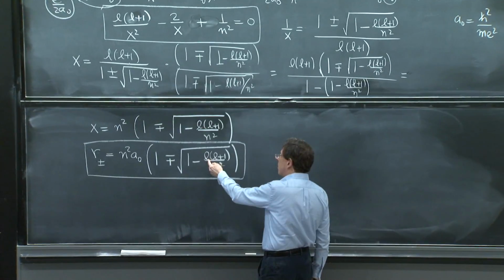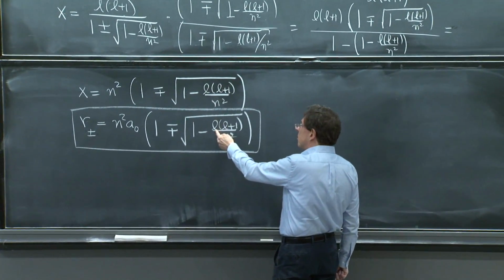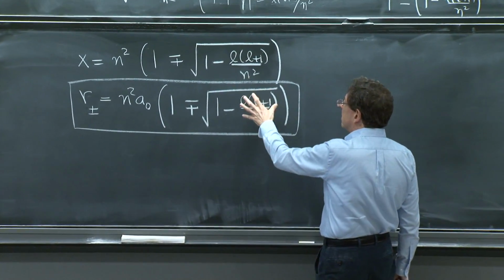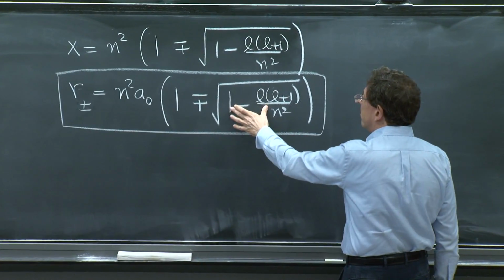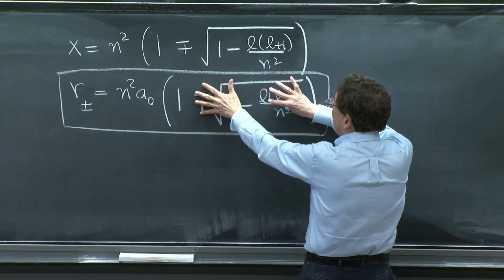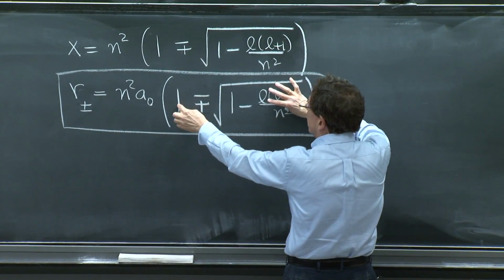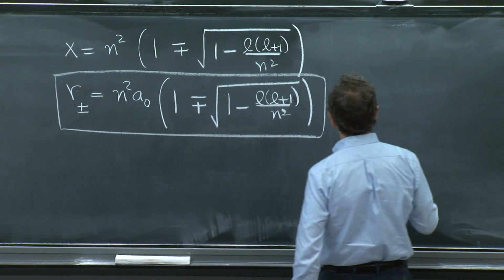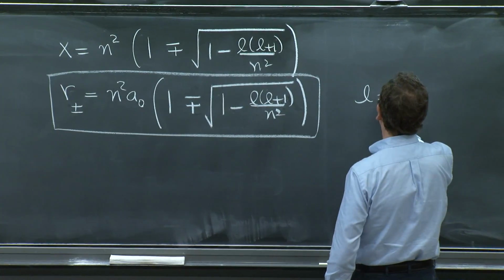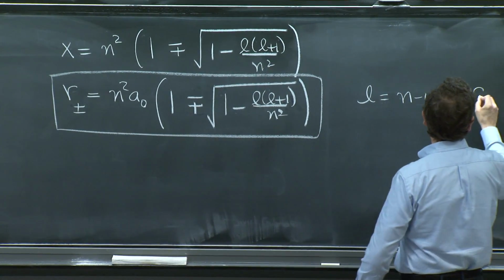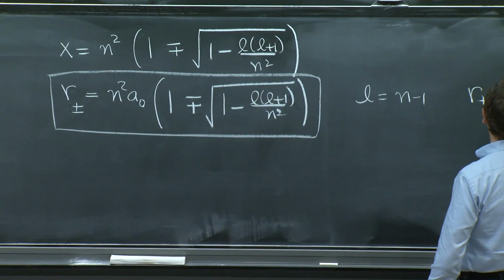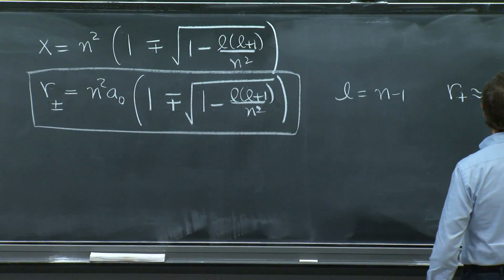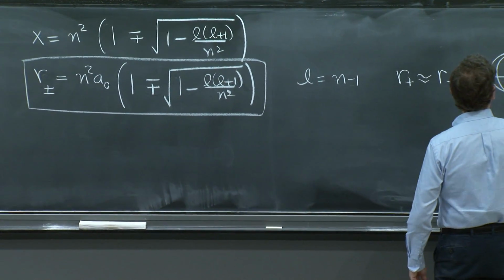Remember, L can go up to n minus 1. So at that point, this is essentially 1. You cancel this, and there's nothing here. So r plus and r minus become about the same.